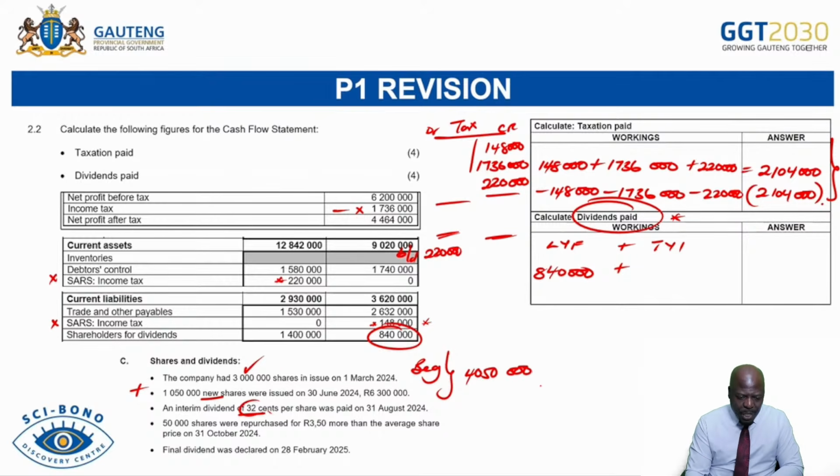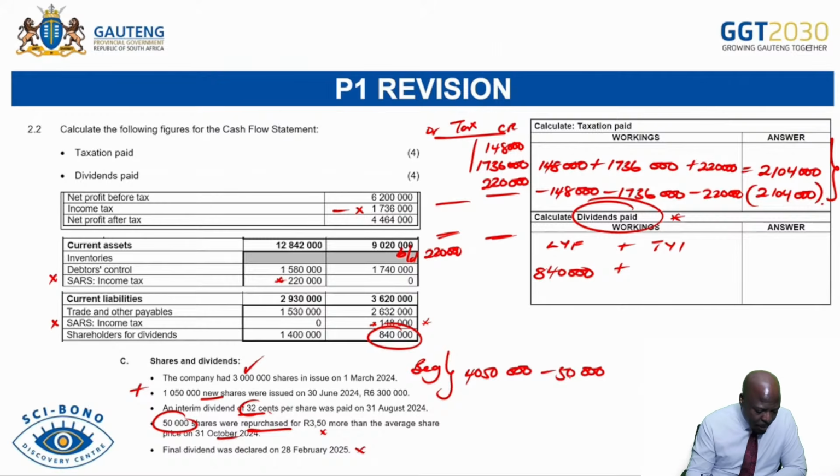So if they're going to declare dividends, are they going to give it to 4,050,000? Now, you see here, we are told 50,000 shares were repurchased at R3.50. So if shares are repurchased, are they going to qualify for final dividends? These were repurchased in October, and the final dividends are. So you're going to say minus 50,000. So you're going to end up with how much?